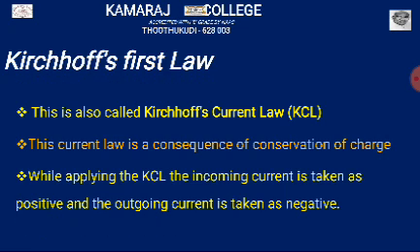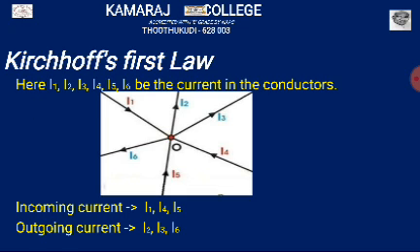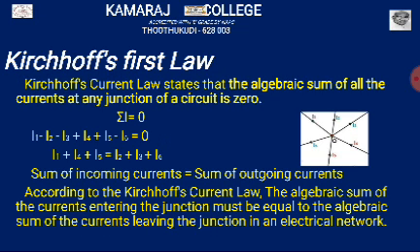Already we have learned incoming current is positive, outgoing current is negative. So here I1, I4, I5 are positive, I2, I3, I6 are negative. Now we can write the equation. In Kirchhoff's first law we have learned that the sum of all the currents is equal to 0. That is summation I is equal to 0.